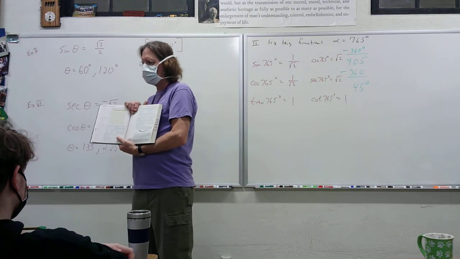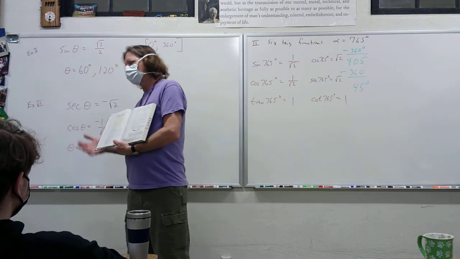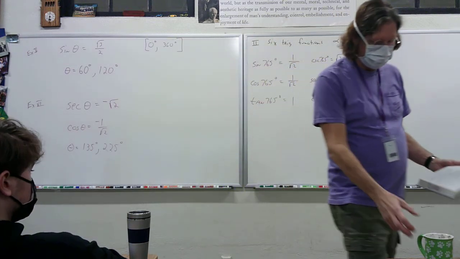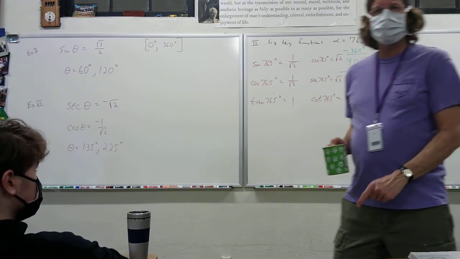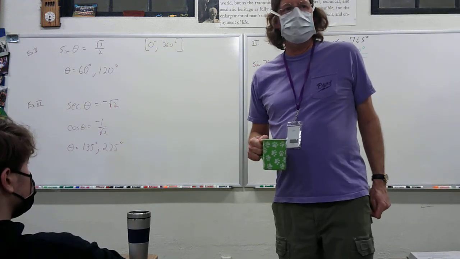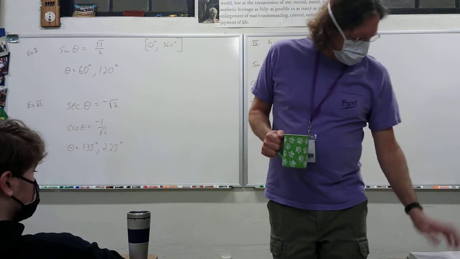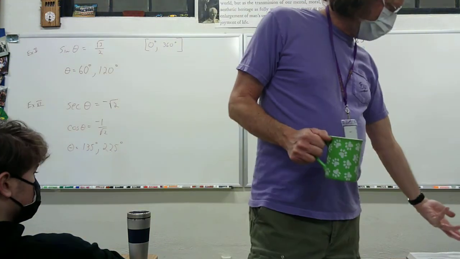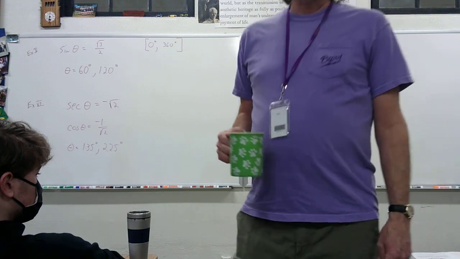I think 2.2 is a better section to start with, but there is some stuff in 1.2 and 1.3 to build up to it. And if you go to Canvas, I have the assignments there where unit circle says assignments, the numbers are there, and the answer key is right up here. And that is the beginning of you using the unit circle.